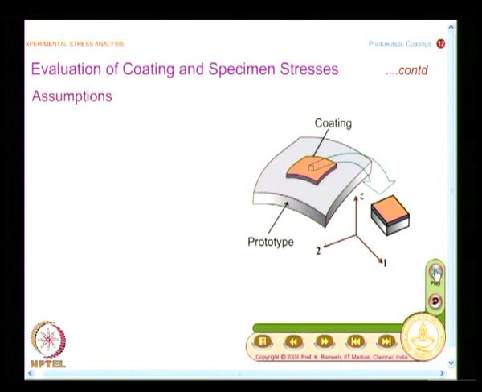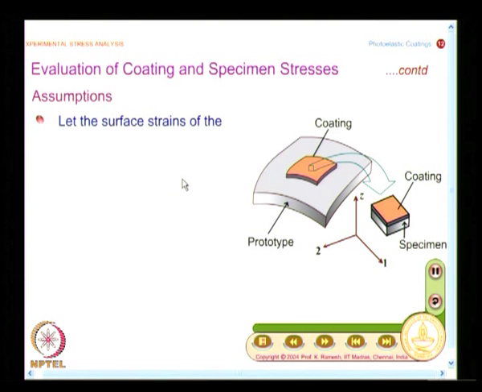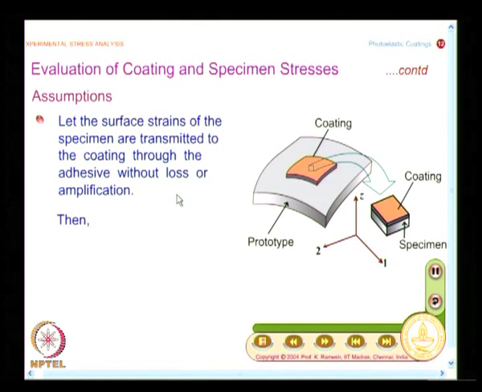And what is the important assumption that I make, which I have already mentioned, I have an adhesive which is good enough such that the surface strains of the specimen are transmitted to the coating through the adhesive without loss or amplification.